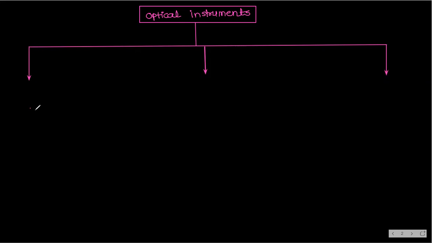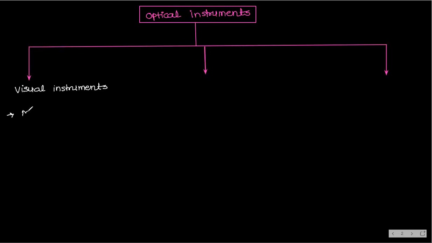See, the first one is visual instruments, which we can use to see the object.